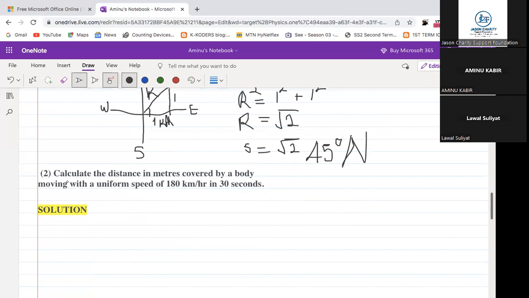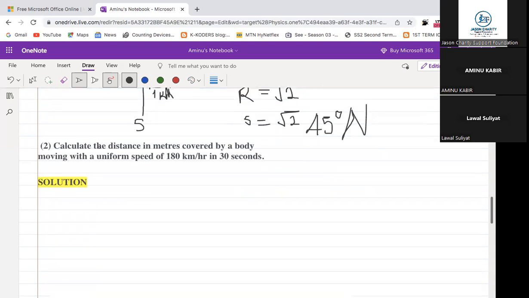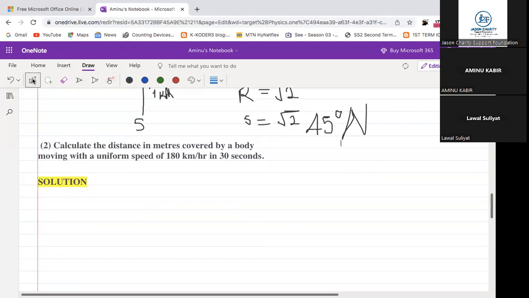So let's quickly look at this. This says: calculate the distance in meters covered by a body moving with a uniform speed of 180 kilometers per hour in 30 seconds. So this is easy. Before we do this, we're simply going to take out our parameters.